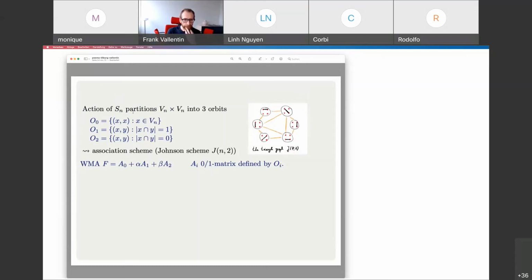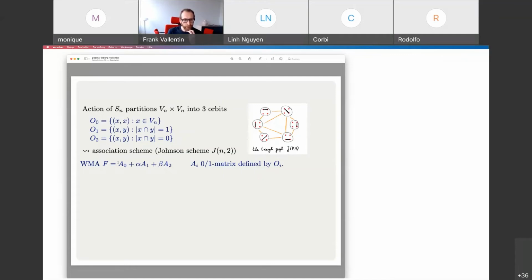Because we can partition V_n times V_n into three orbits, we may assume that the matrix F we are trying to find in the optimization problem for the theta number is a linear combination of the matrices A_0, A_1, A_2, the corresponding 0-1 matrices defined by the orbits. So we have A_0 plus alpha A_1 plus beta A_2.